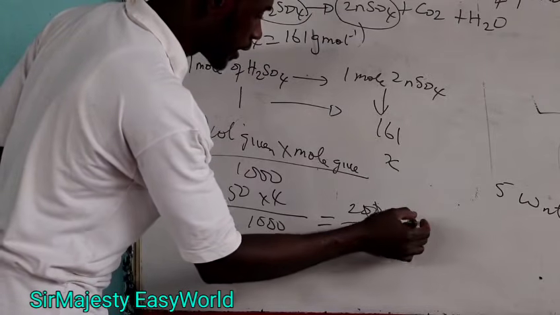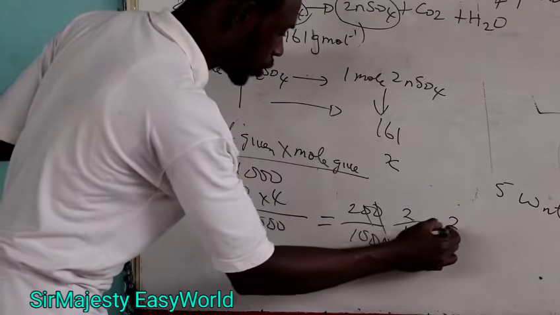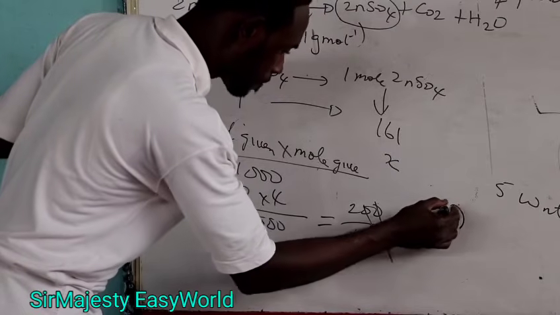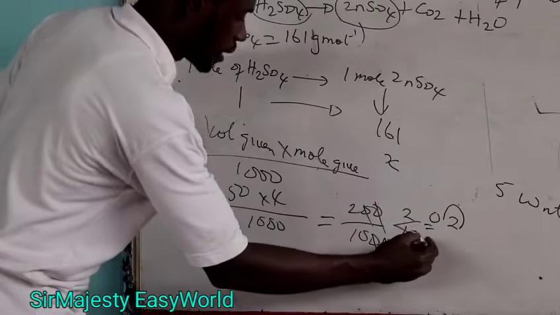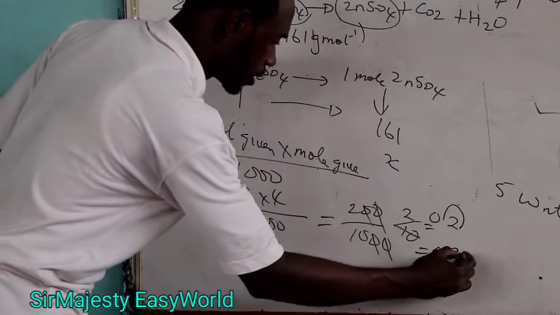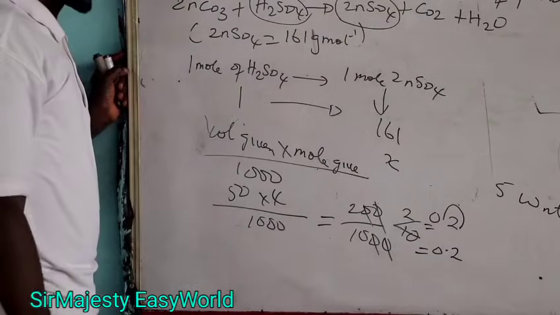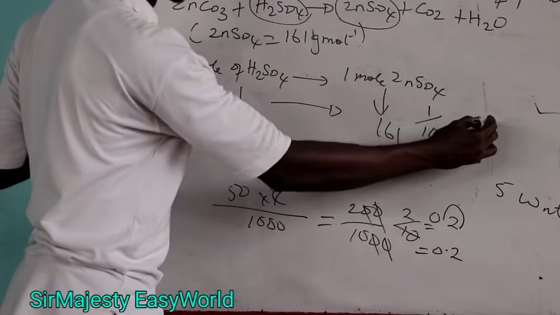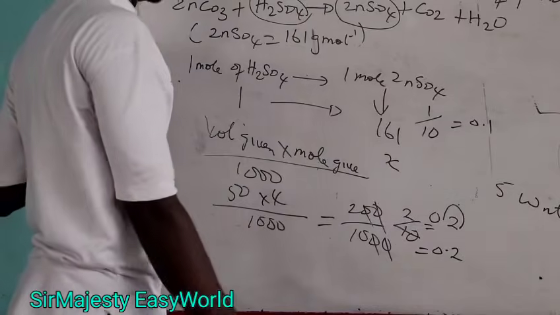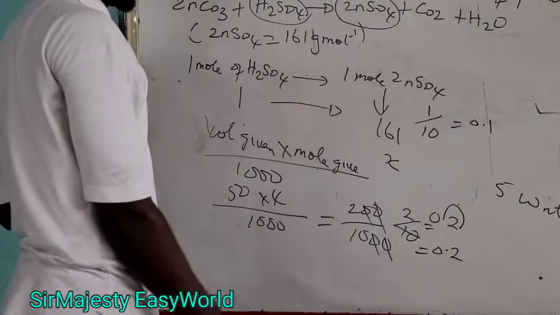Then anytime you have 2 over 10, you write the 2 down, move the point here, and it becomes 0.2. Even if you want to understand more on this, anytime they say 1 over 10, it should be 0.1. So 2 over 10 will also be the same thing as what?